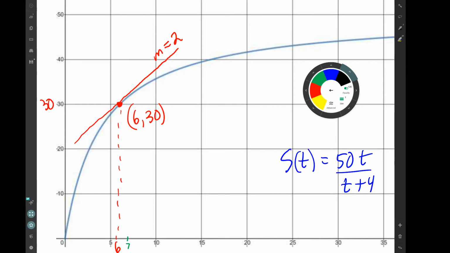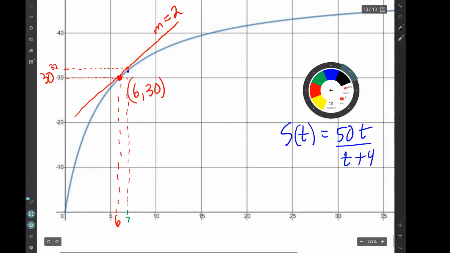So on the graph, that would be this blue point. But what we found using the estimate corresponds to a point on the tangent line. So the estimate of the sales at time 7 months is this number, 32, which is across from this point on the tangent line.